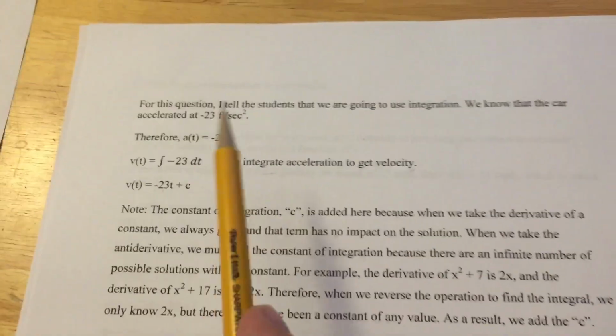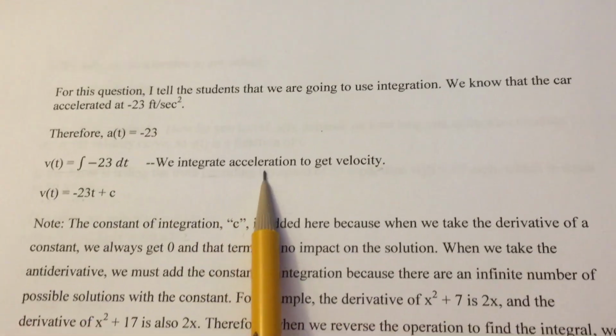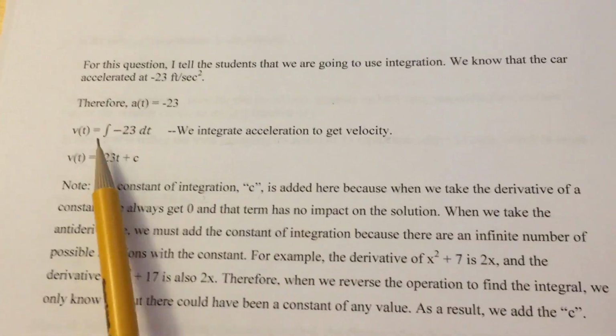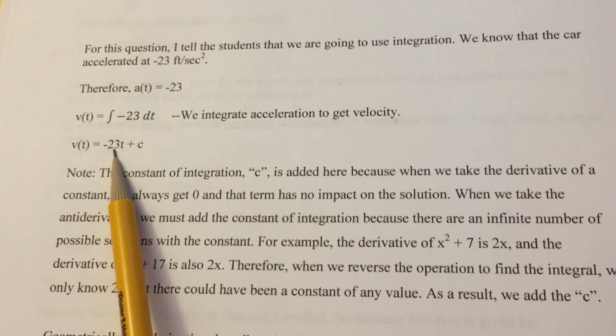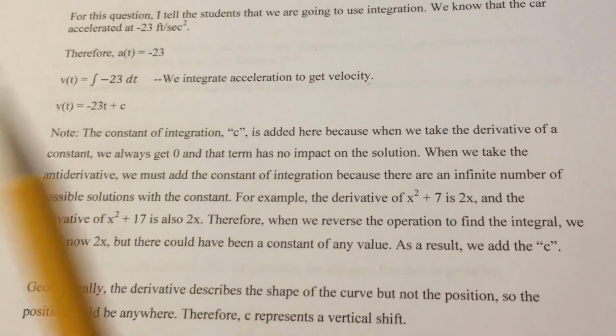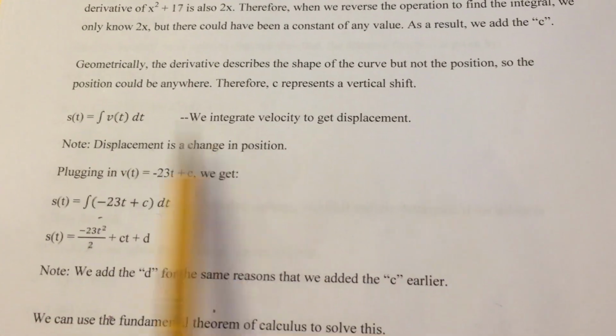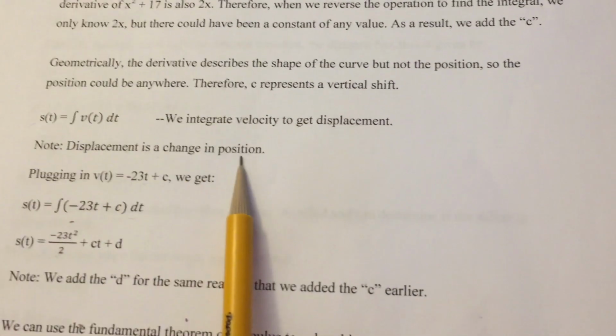Now, we know that the acceleration is -23 feet per second squared. Therefore, we're going to integrate acceleration to get velocity. And when we do so, we get velocity is going to be -23t plus c, and c is your constant of integration. We'll discuss that later in class. We then integrate velocity to get displacement, or in this situation, displacement will be the change in position.